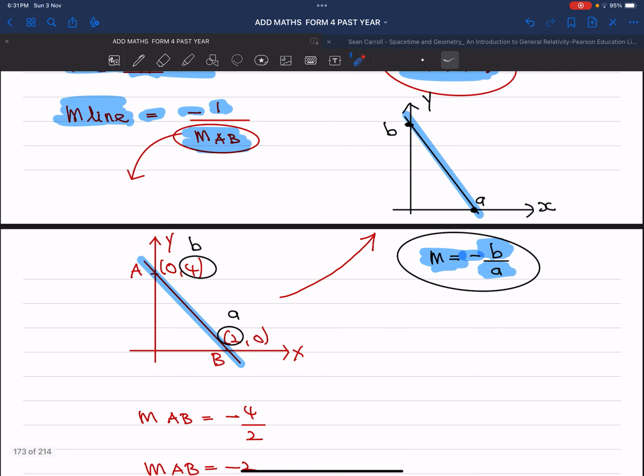Here, the 2 is the A, x-intercept. The 4 is the B, y-intercept.